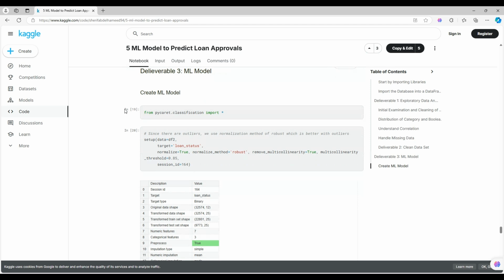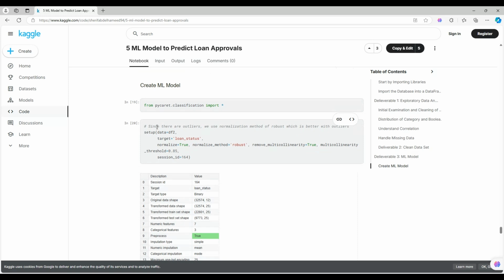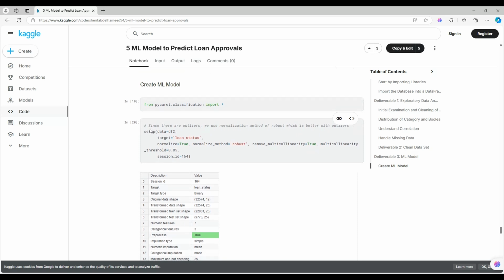And it has a very robust setup design where you can actually identify a lot of the parameters that you would like to utilize in the machine learning model. On that basis, we import the PyCaret classification and we go ahead with the setup.